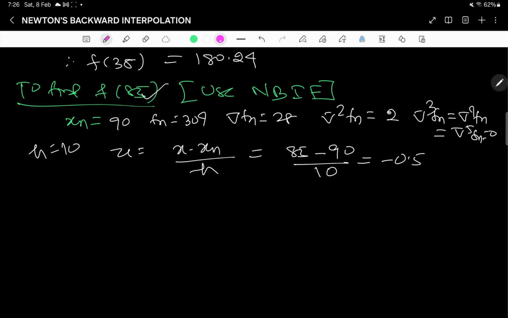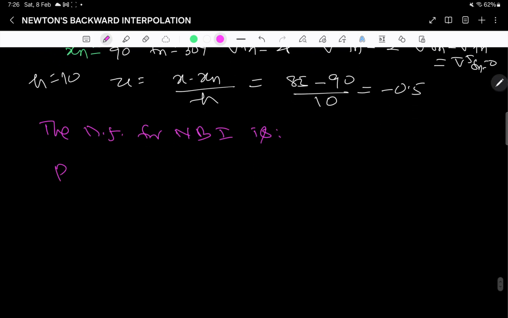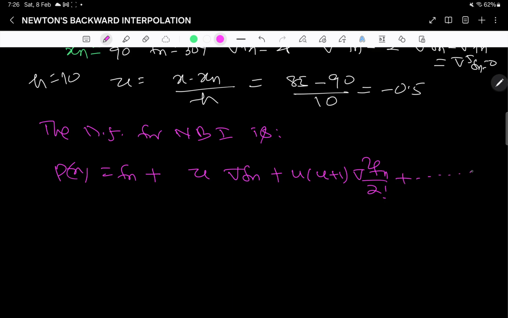Now the necessary formula for Newton backward interpolation is p of x is equal to fn plus u del fn plus u into u plus 1 del square fn by factorial 2 and so on. Now I just substitute this formula here.